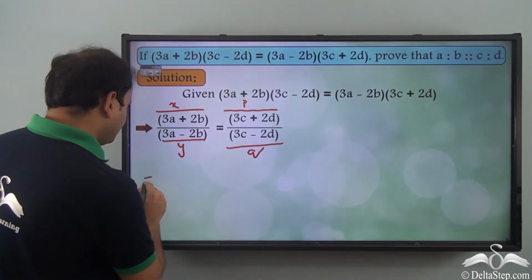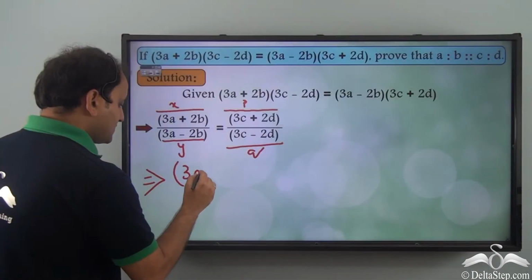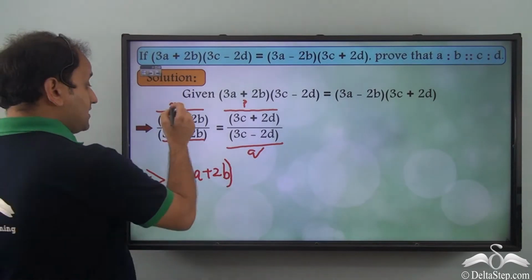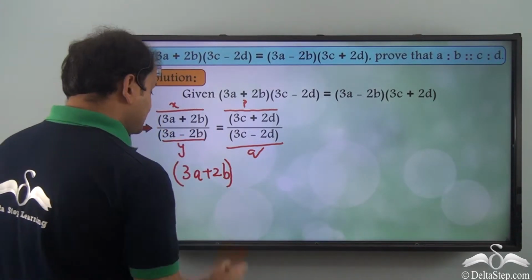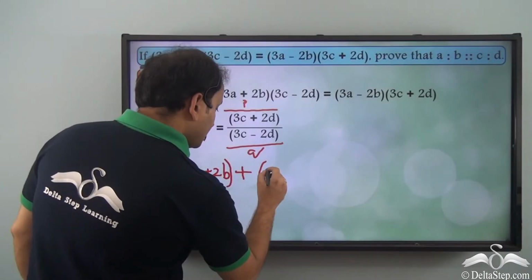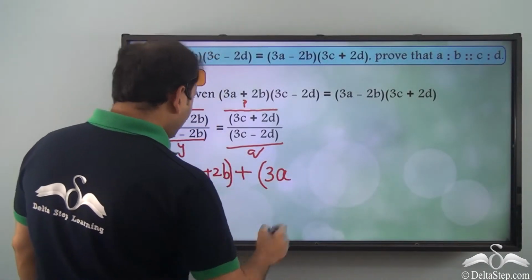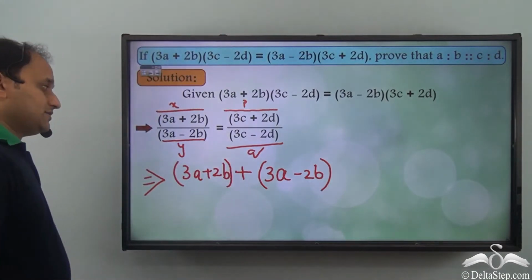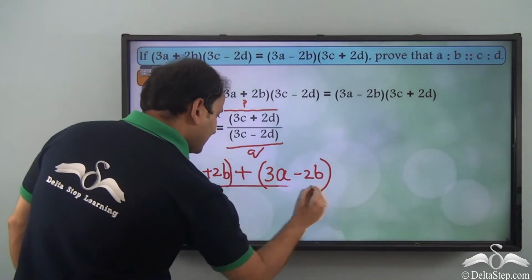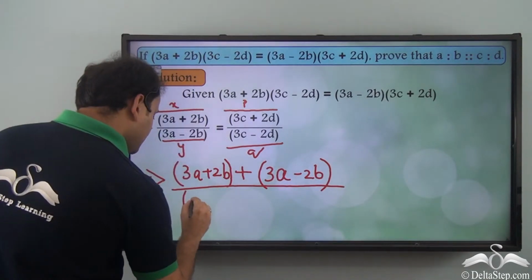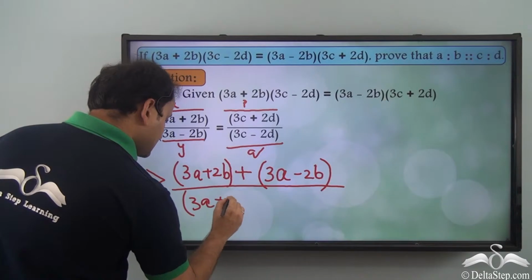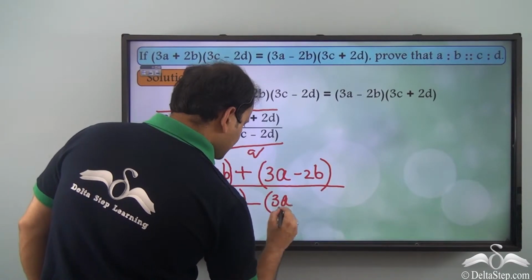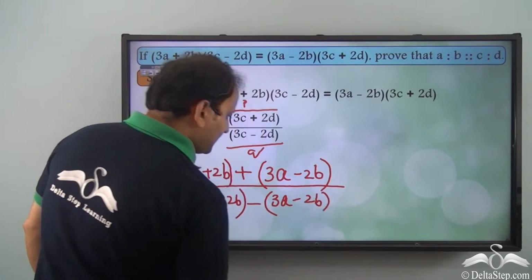So this will become (3a plus 2b), this plus y is (3a minus 2b), so plus (3a minus 2b), so x plus y by x minus y, so (3a plus 2b) minus (3a minus 2b).